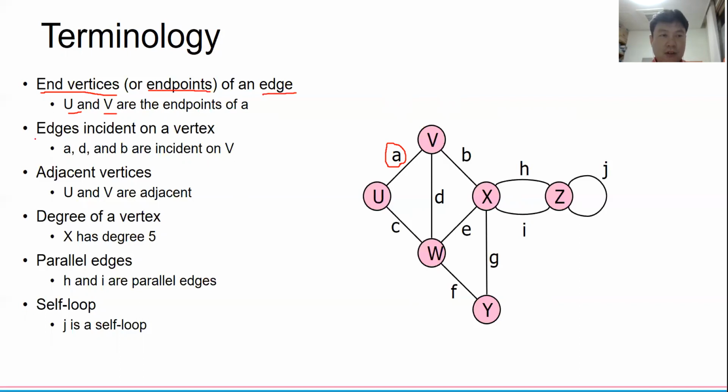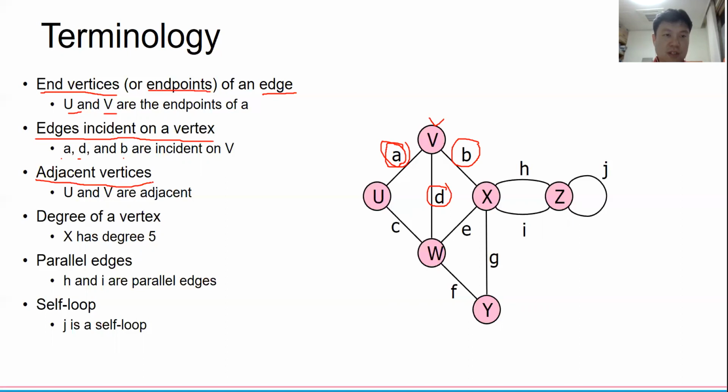The second one is the edge incident on a vertex. What is an edge incident on a vertex? Let's see, we have V, the vertex, and the edges incident on it are a, d, and b. How about the adjacent vertices?